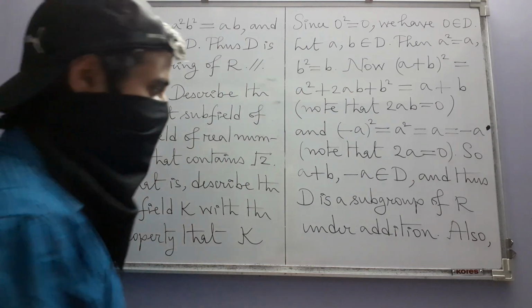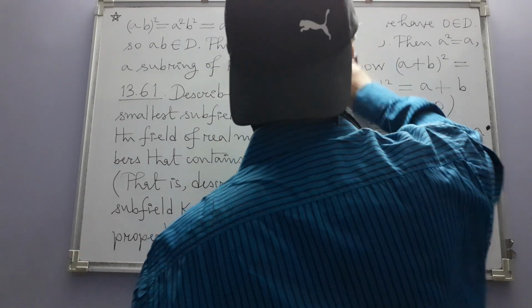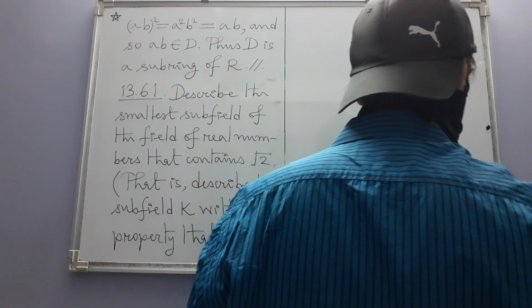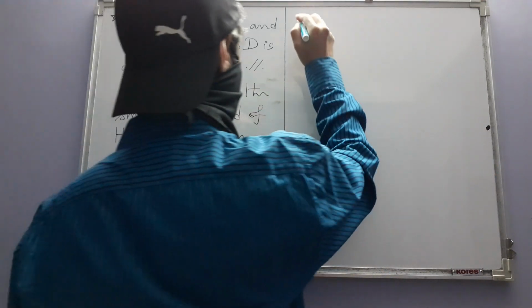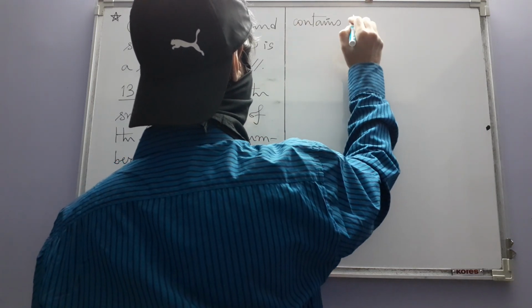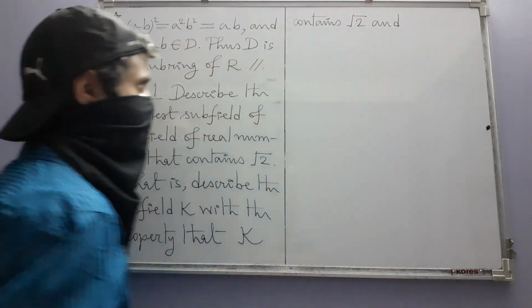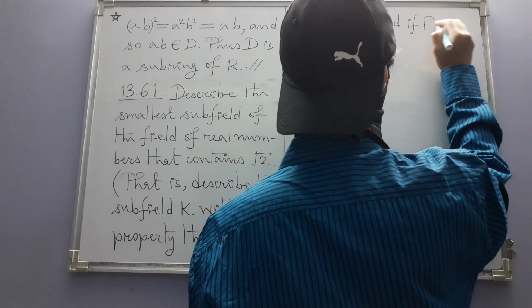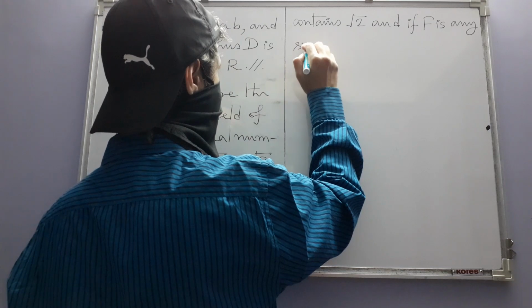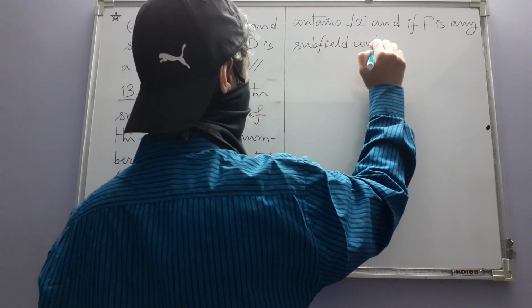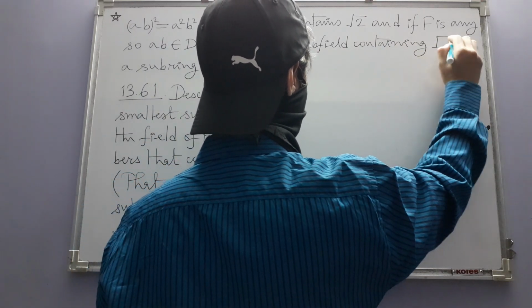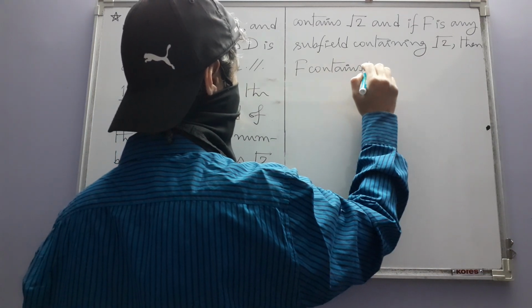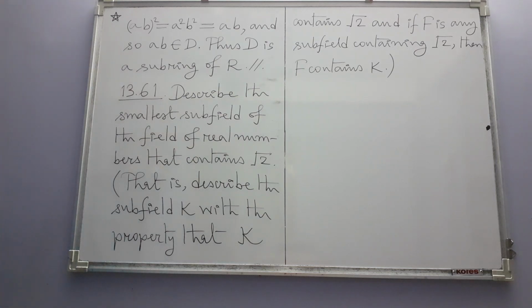K contains root 2 and any subfield, and if F is any subfield containing root 2, then F contains K. In that sense, K is the smallest.